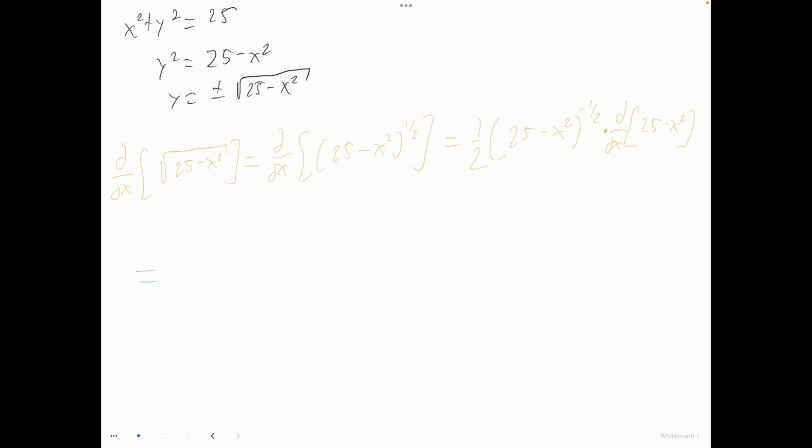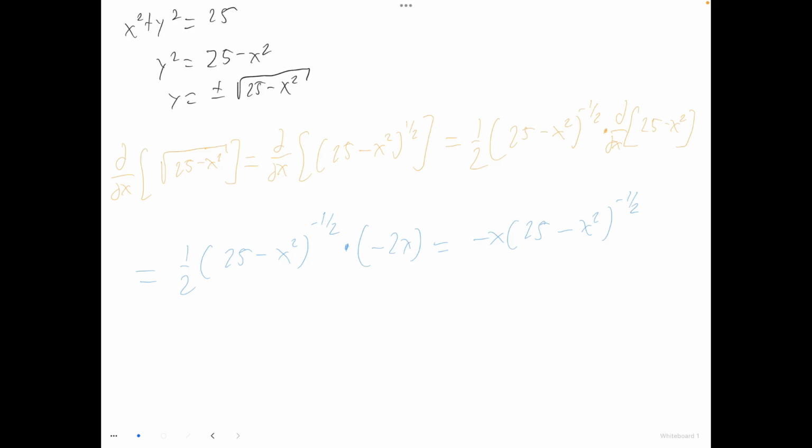And so now simplifying that, we're going to have 1/2 times 25 minus x squared raised to the minus 1/2 times the derivative of 25 minus x squared, which is negative 2x. And so we get for the derivative negative x times 25 minus x squared raised to the minus 1/2. So then that is our derivative.